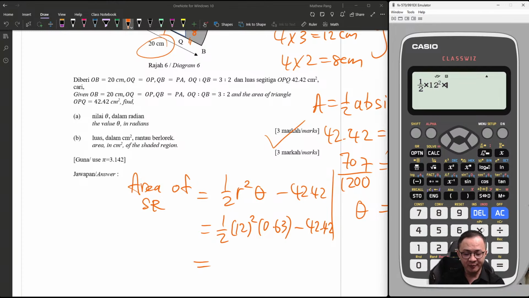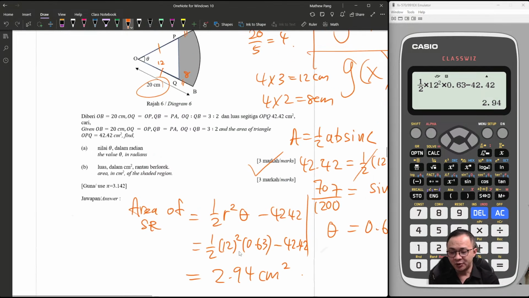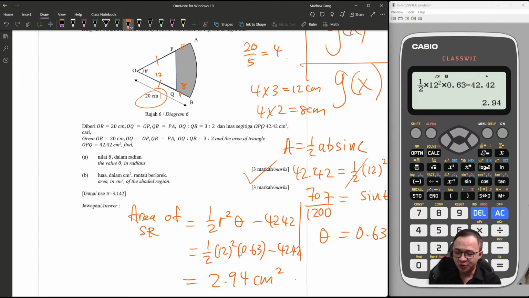Multiply 12 squared, multiply 0.63 minus 42.42. Easy peasy, 2.94 centimeters squared. Okay, so make sure you do carefully. It shouldn't be too difficult, but 2 point something seems very small. I hope I didn't make any careless mistake, but yeah. Minus 42.42. Okay, I didn't spot any mistake. Okay, maybe it's just like this.